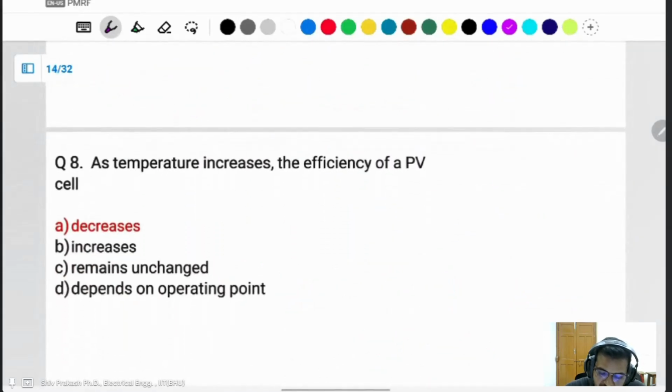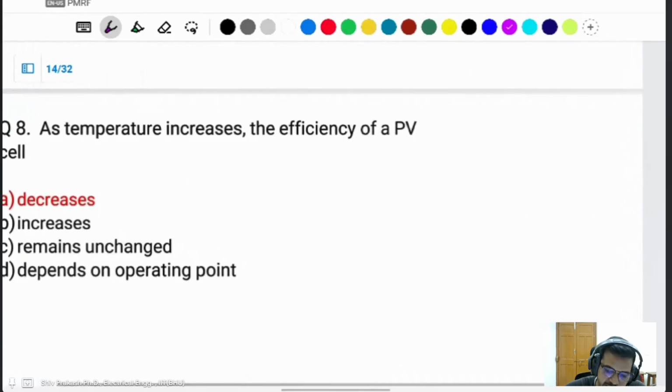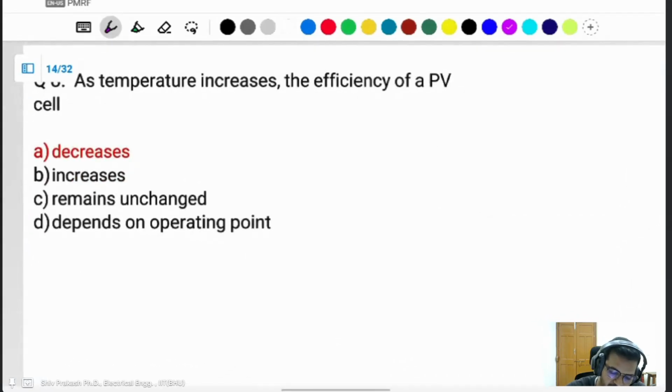As the temperature increases, what will be the effect on the efficiency of the PV cell? Efficiency is output power divided by input power.